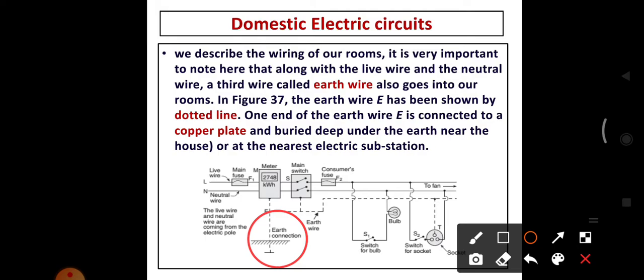This copper plate is buried deep under the earth near the house or the nearest electric substation. So in every home there are three wires that enter our room. One is a live wire and another is a neutral wire. The third one is an earth wire. The earth wire is connected to a copper plate and it is buried deep under the earth.